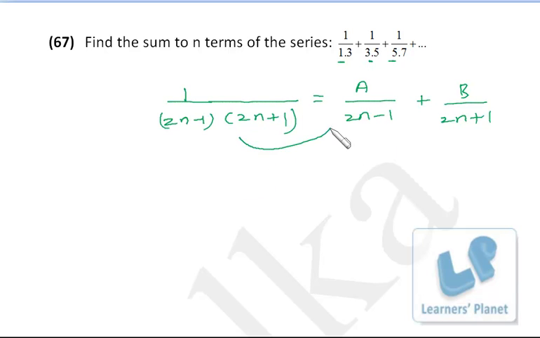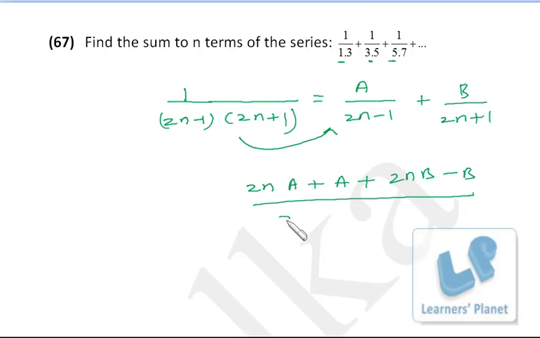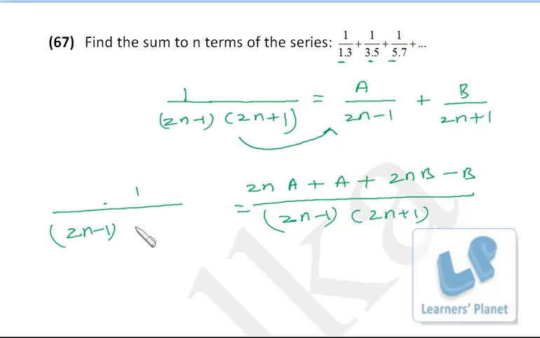So this expression can be written as a combination of these expressions: (2na + a + 2nb - b)/((2n-1)(2n+1)) equals 1/((2n-1)(2n+1)).